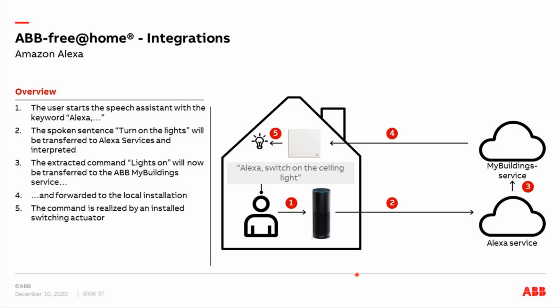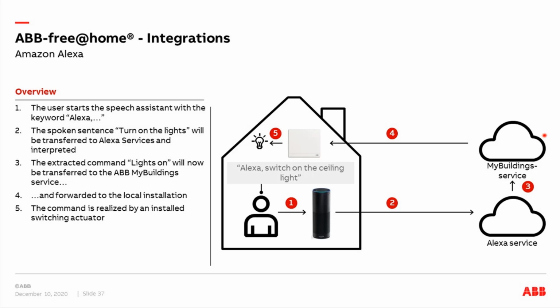So in general, what happens when you want to switch on a light, for example? The principle is quite easy. The user has to say, Alexa, please switch on the ceiling light or switch on the light in the kitchen or whatever. And this command will be forwarded then to the Alexa service, to the Alexa cloud, which is connected to the My Buildings service.